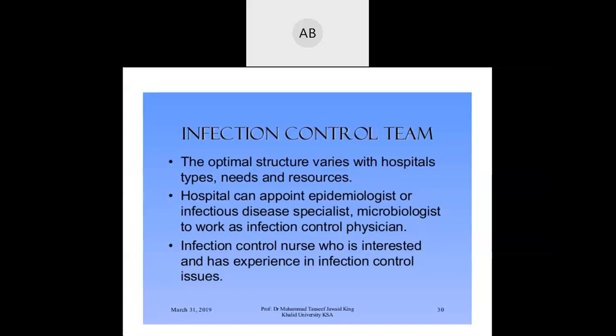In the meeting they deal with infection control and preventive measures, and discuss if there is any infection in the hospital, whether any ward has infection, and whether there was any nosocomial infection or cross infection.